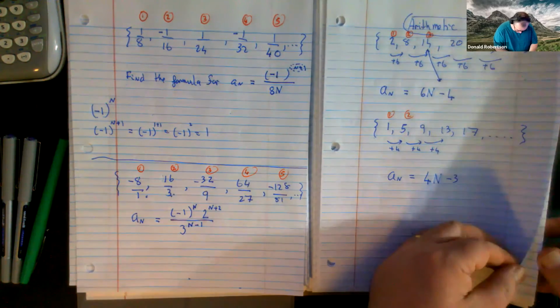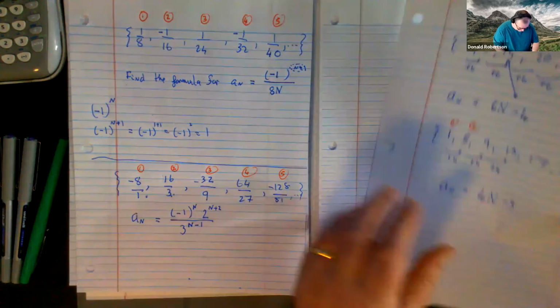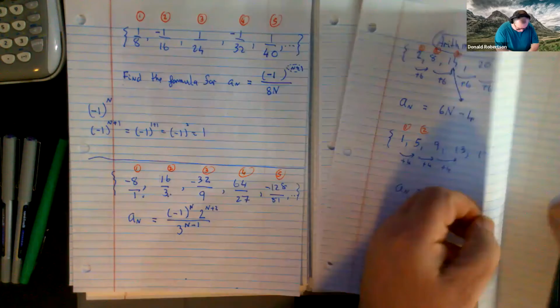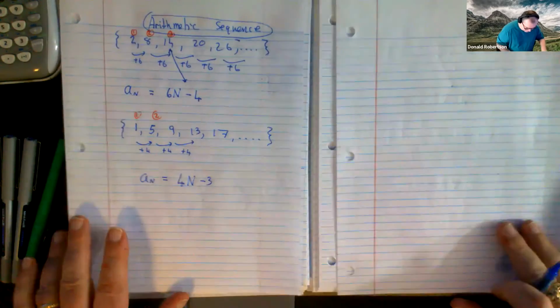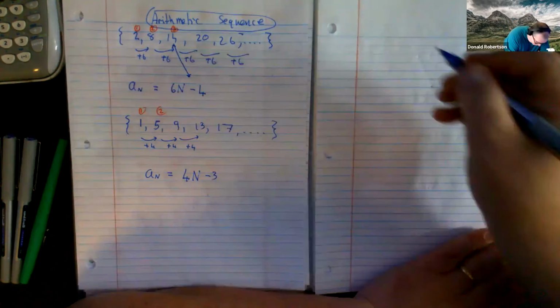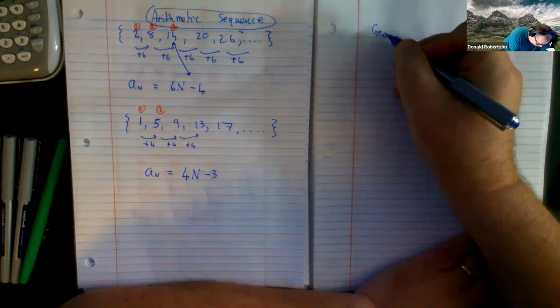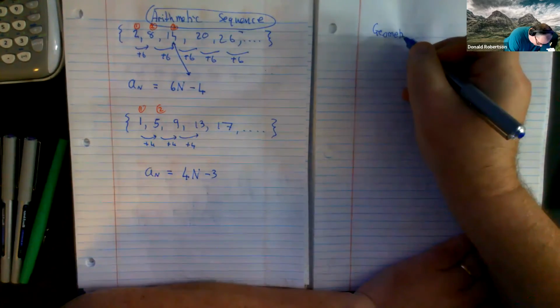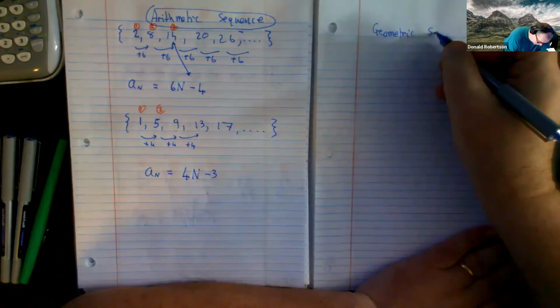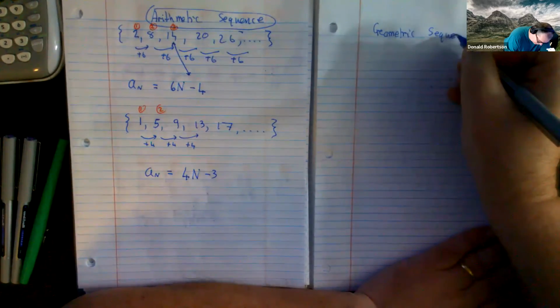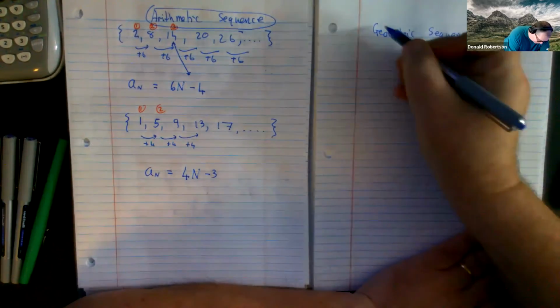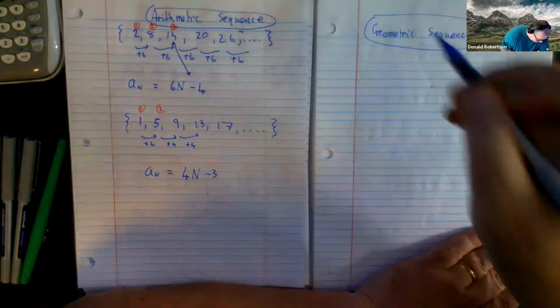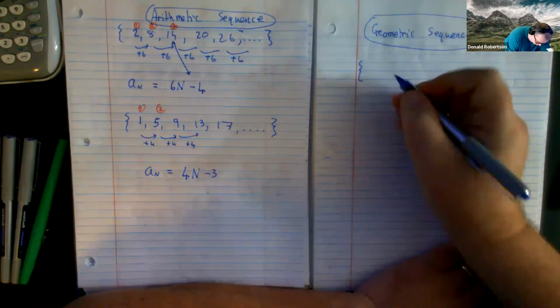The next one I'm going to show you is called a geometric sequence. In fact, the geometric sequence is much more common. I'll show you what a geometric sequence looks like.